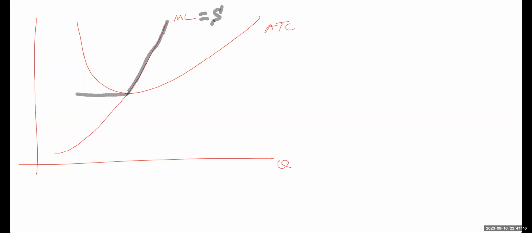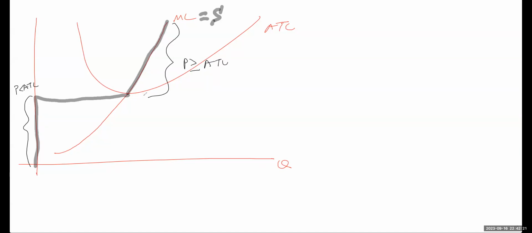And if the price, this area right here, is where price is less than average total cost, the firm shuts down. And this area up here is when price is greater than or equal to average total cost, the firm produces in accordance to the marginal cost curve. This is the long run supply curve for the firm.